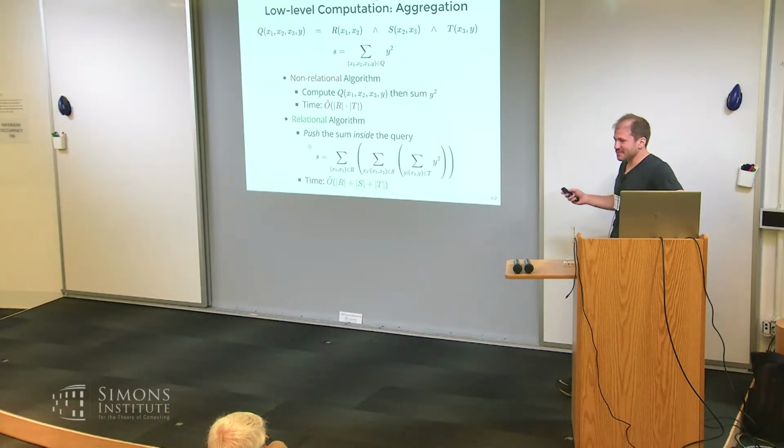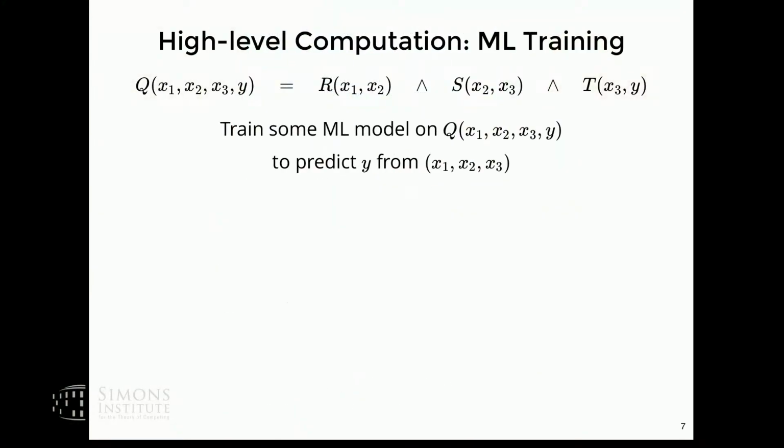Yeah. So this is the simplest relational algorithm task. Alternatively, there are some higher level computations that we might ask to perform relationally. For example, we could be asked to train some machine learning model on Q, using the table Q as training data, so that we can predict Y based on x1, x2, x3.